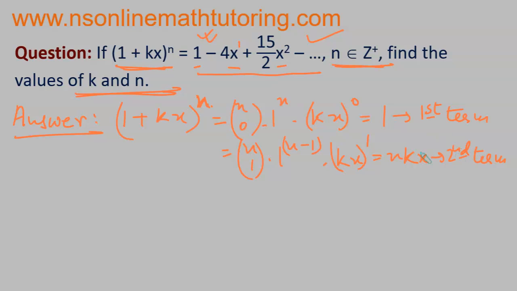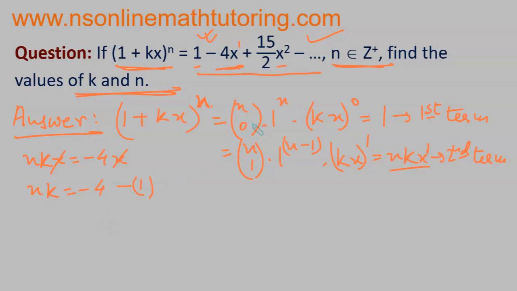And we are seeing this is having a power of x as 1 and this is having a power of x as 1. So we can equate these two. So we have this equation: nkx is equal to negative 4x. So we can cancel these two x and we get nk equal to -4 as our first equation.